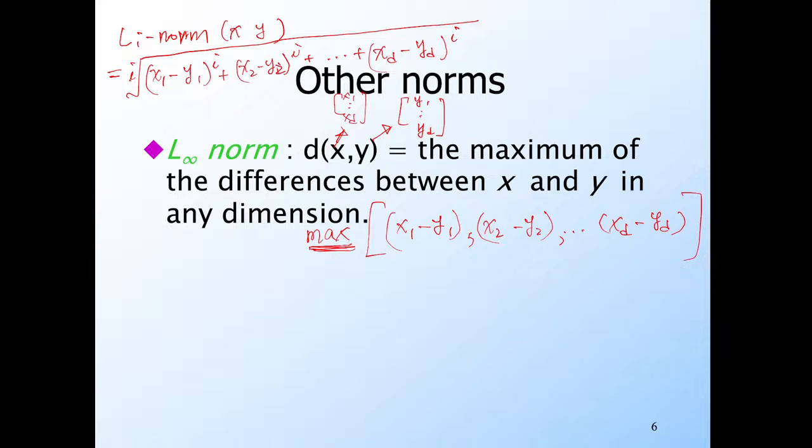So if i equals 1, then what do we have? This should be absolute value, here should be absolute value.